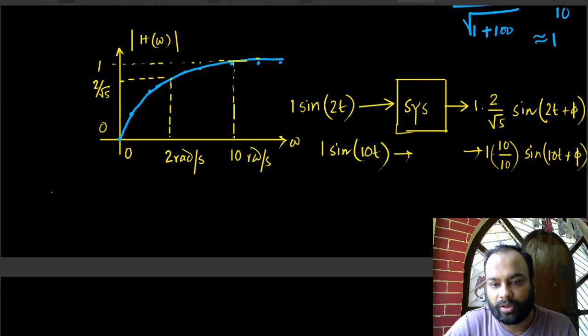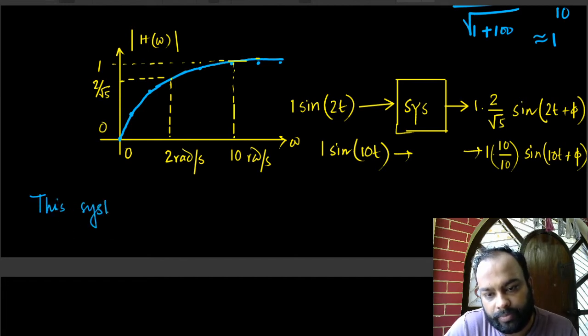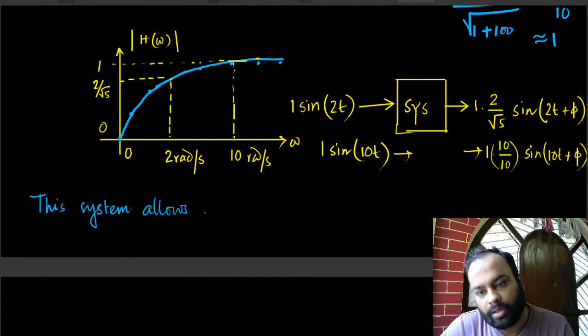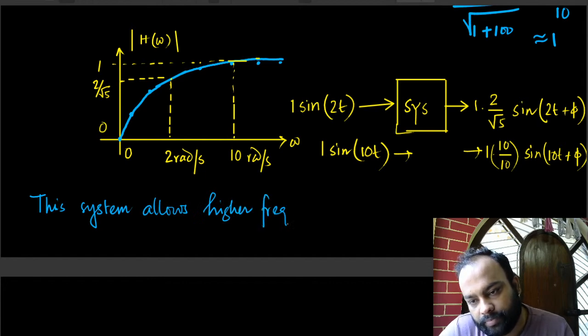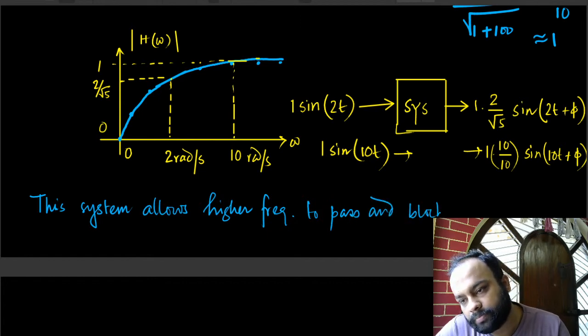is known as, so this system allows higher frequencies to pass and blocks lower frequencies, right?